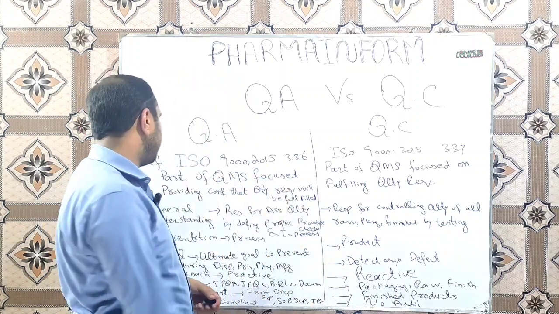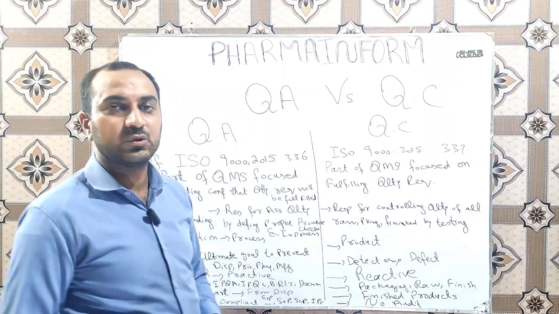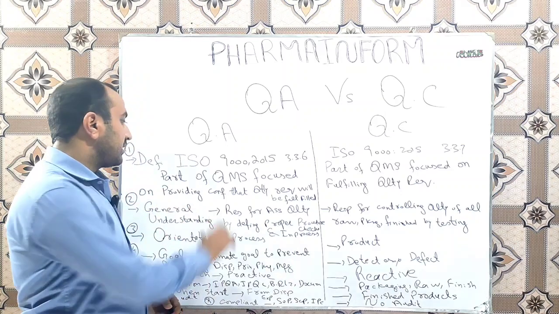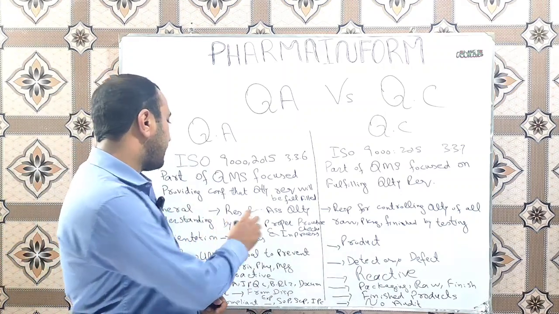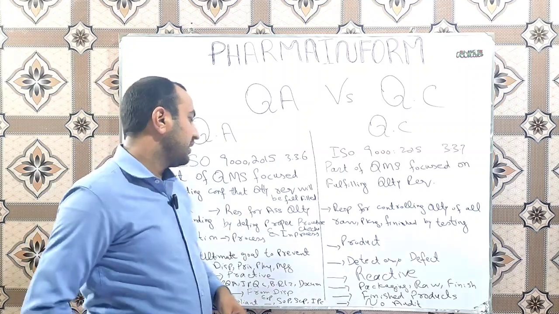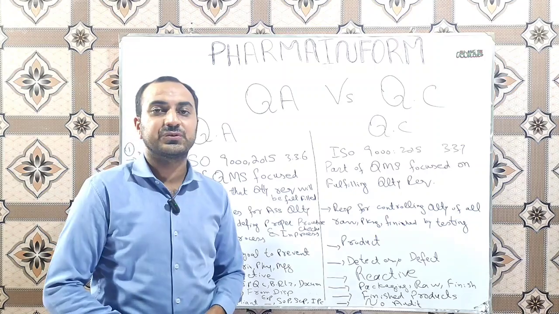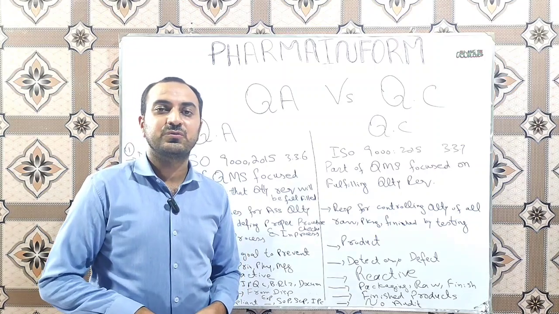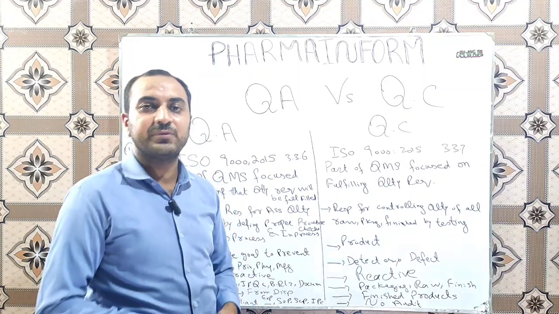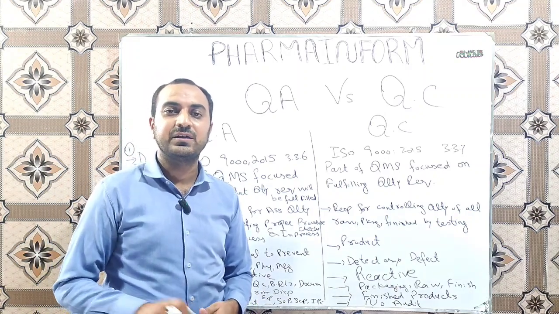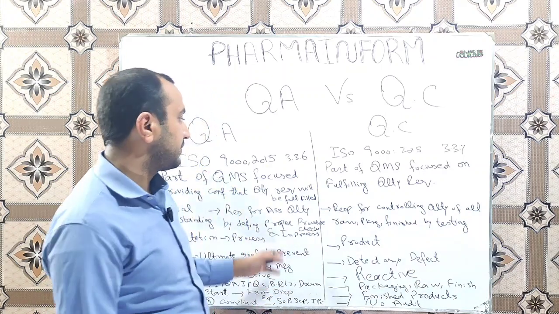The next difference is the general understanding of QA and QC. QA is responsible for assuring quality of pharmaceutical products by defining proper procedures and in-process checks. Mean, the quality assurance department is responsible for assuring the quality of pharmaceutical products by defining various procedures and in-process checks.